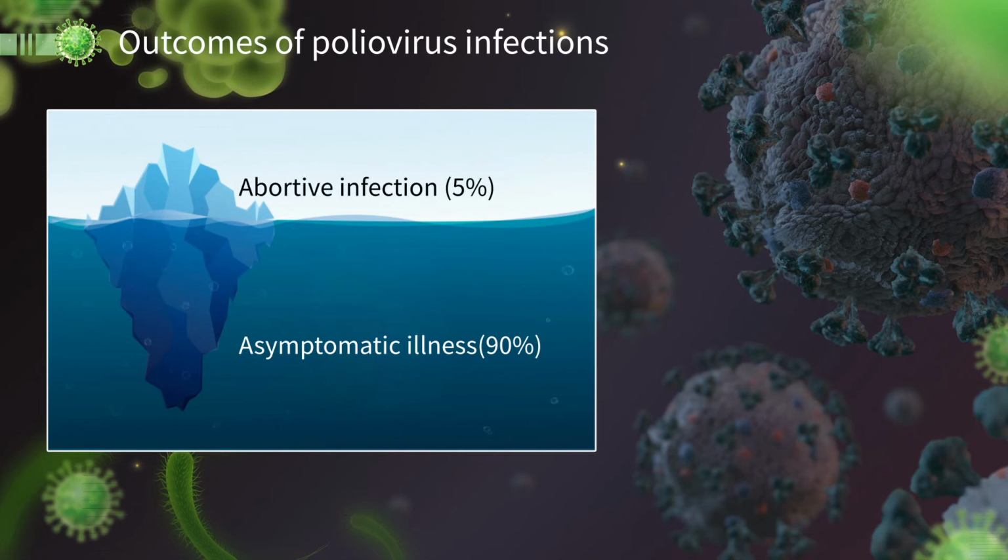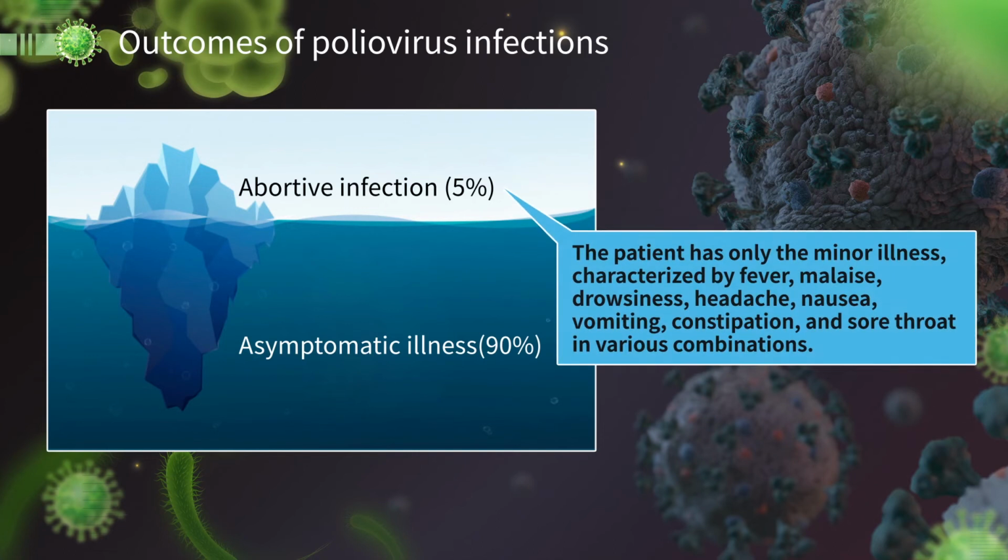Abortive poliomyelitis occurs in approximately 5% of infected people. The patient has only the minor illness characterized by fever, malaise, drowsiness, headache, nausea, vomiting, constipation, and sore throat in various combinations.